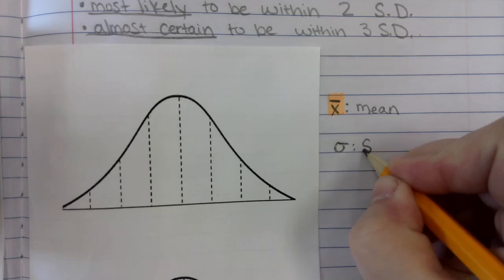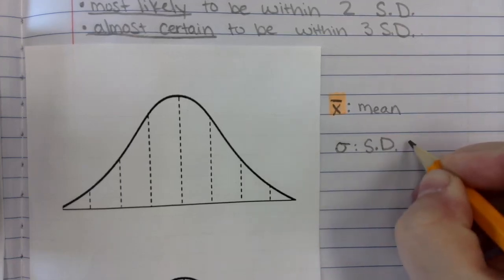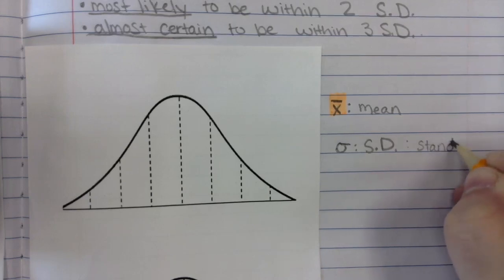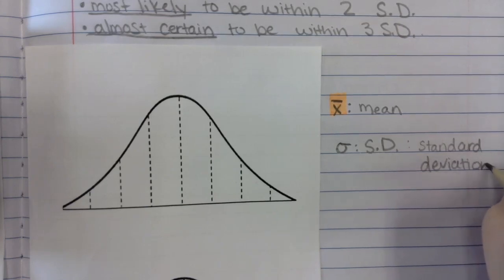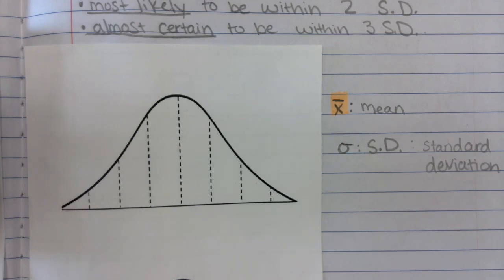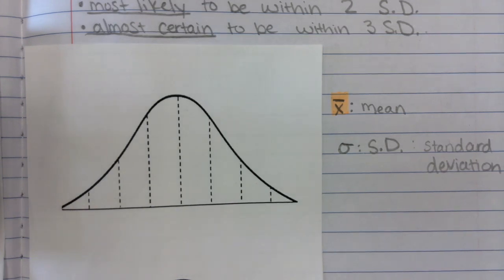Or we're just going to use SD for standard deviation. Why can't I remember what that's called? I feel like mathematicians are only creative when it comes to word problems. Only. You're right.